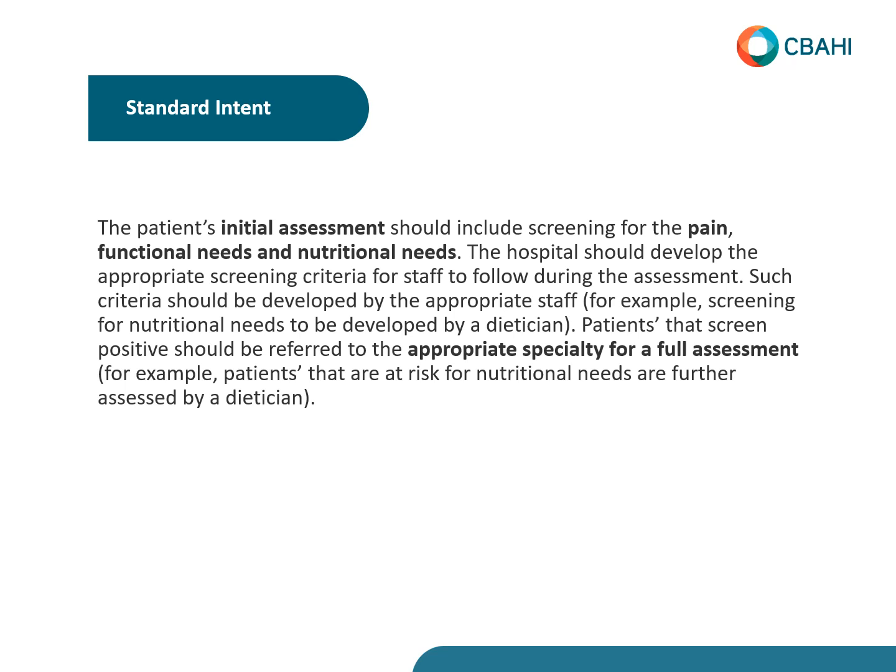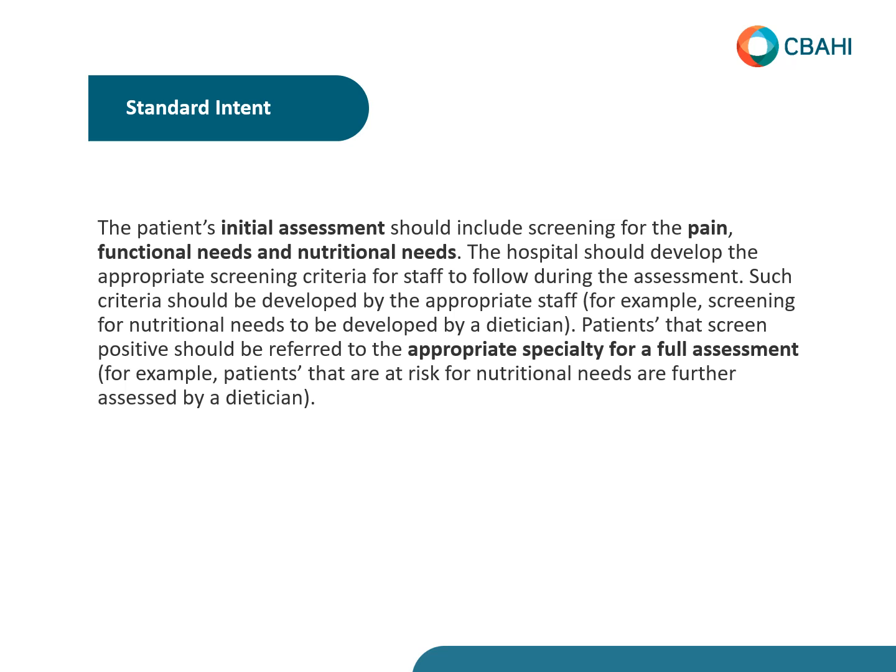Standard intent: the patient's initial assessment should include screening for pain, functional needs, and nutritional needs. And if the screen is positive, the patient should be referred to the appropriate specialty for a full assessment.